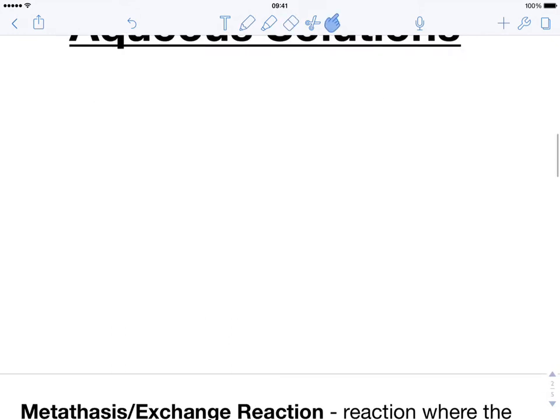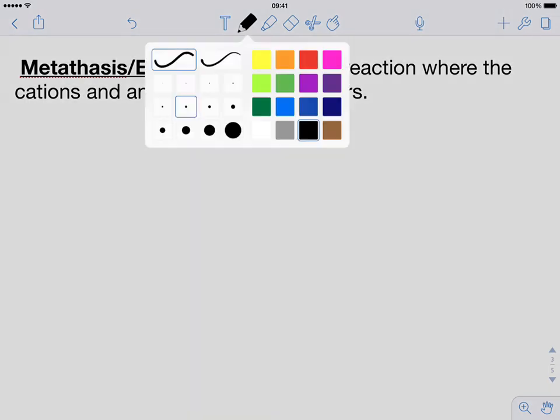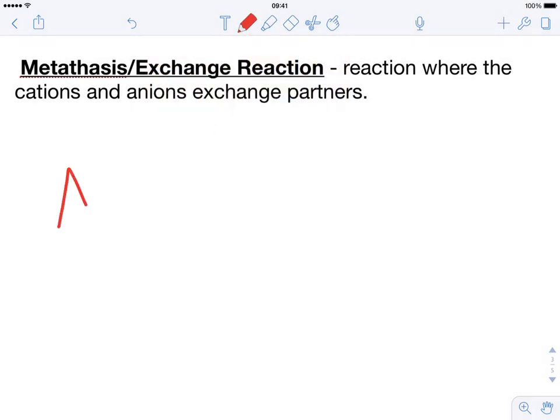Okay, so the first type of reaction we're going to learn about is something called a metathesis or exchange reaction. This is a reaction where the cations and the anions exchange partners. So, for example, if we have cations A and B, and they are paired with anions X and Y, these are our two reactants.